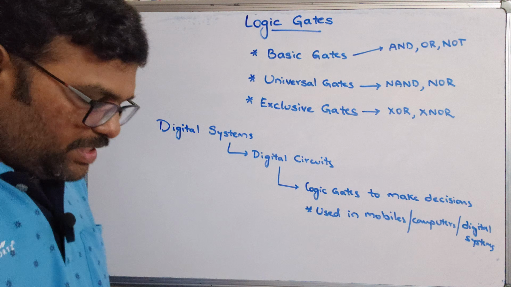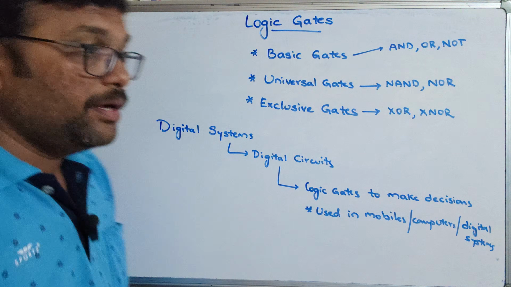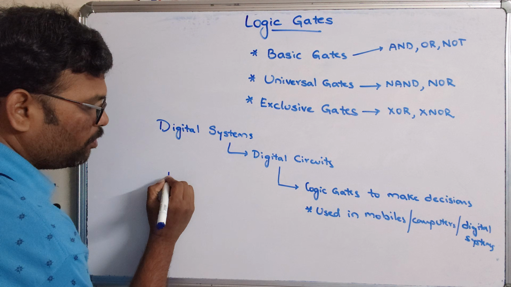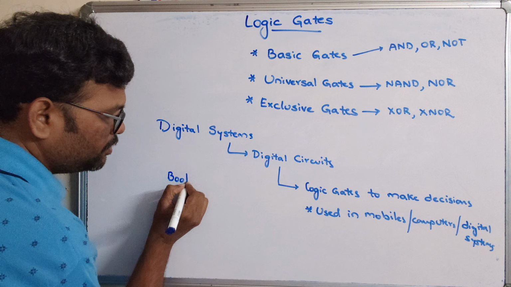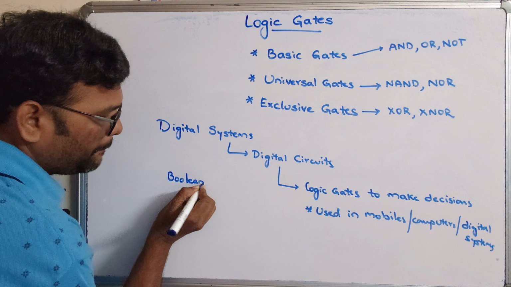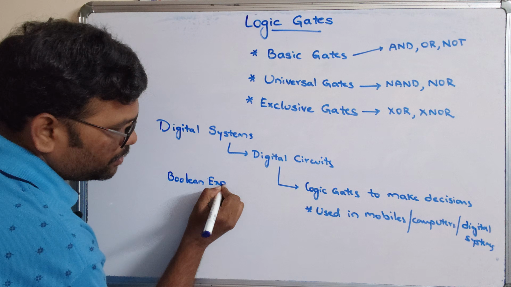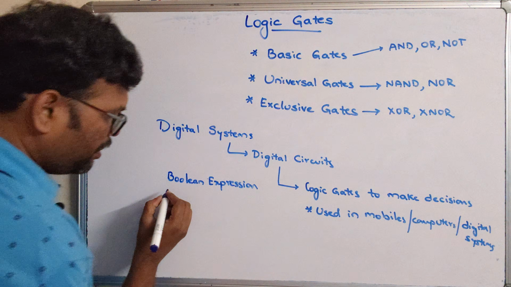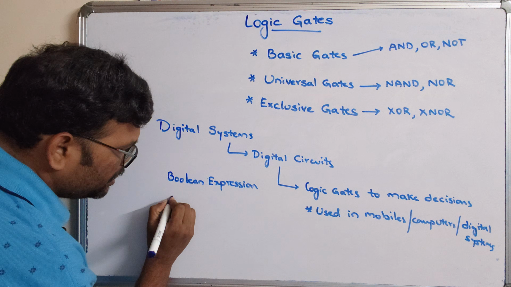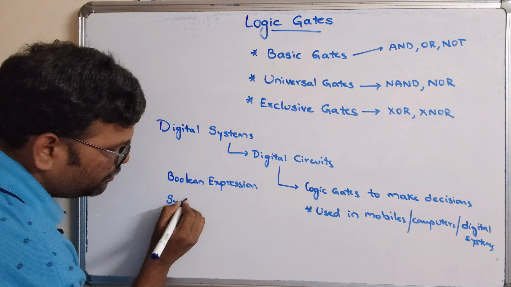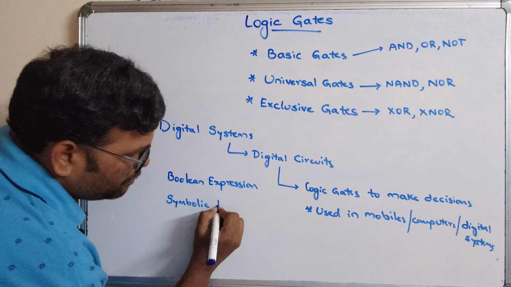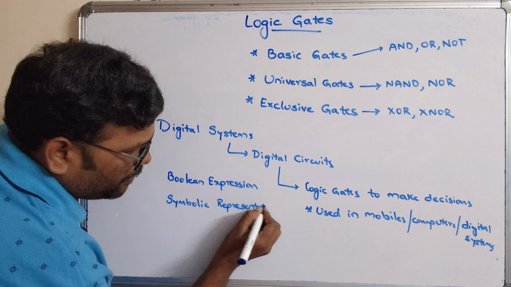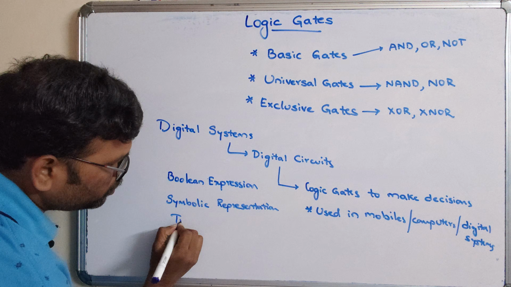Now we'll see one by one each gate, the three things. One is the Boolean expression representing that particular gate, the symbolic representation for every gate, and the truth table.